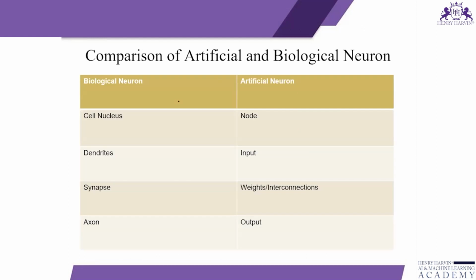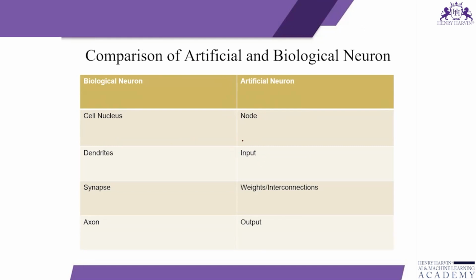Now let us compare the biological neuron and the artificial neuron. In a biological neuron, we have the cell nucleus, and in an artificial neuron, we have the node. In a biological neuron, it has dendrites, and here we have input.